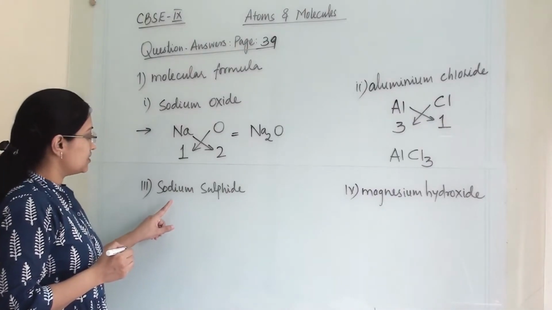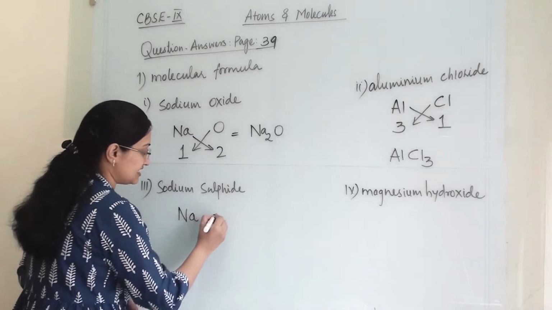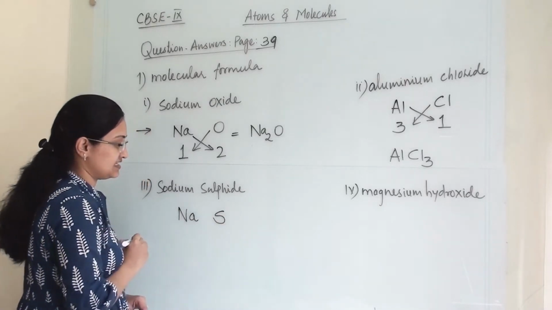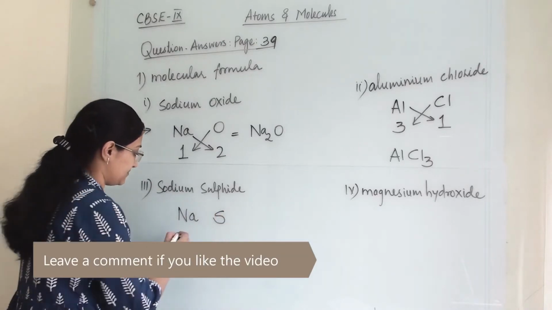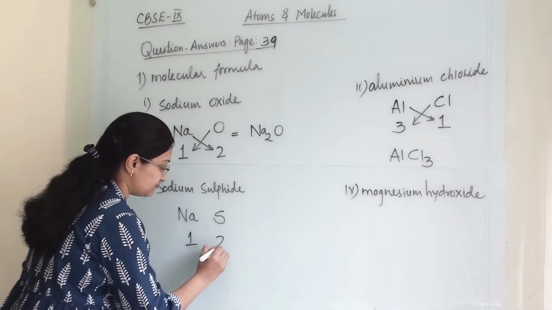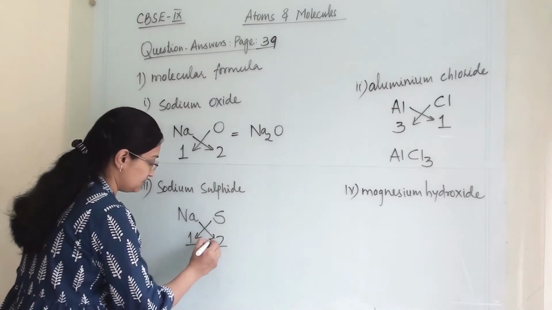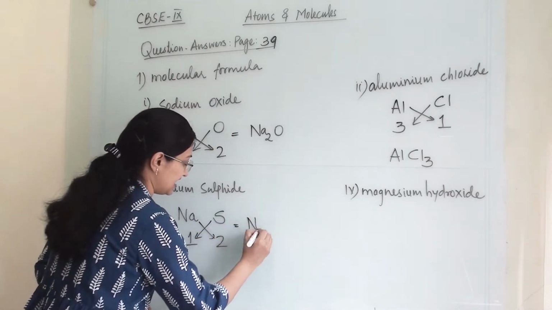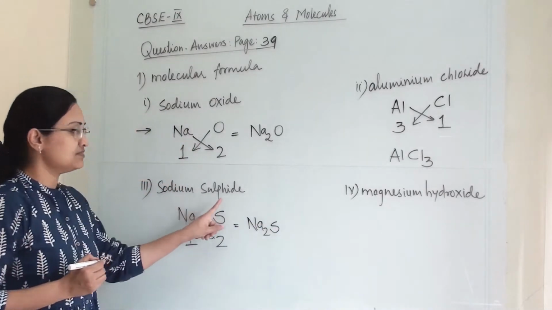Then third, sodium sulfide. Sodium is Na and sulfide, ending in ide, is S. Now Na is 1 and sulfur's valency is 2. So by the crisscross method we will get Na2S. So it is sodium sulfide.